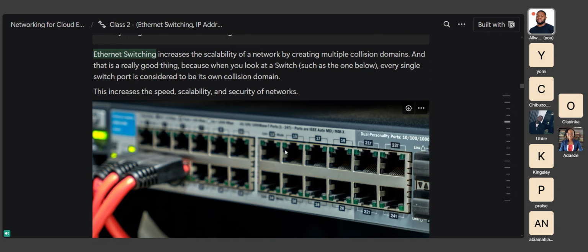I'm sure you'd have seen devices like this with Ethernet cables plugged into them, right? This is a switch. Every single switch port, each port like this one, is considered to be its own collision domain. We're going to understand what that means exactly, and this increases the speed, scalability, and security of networks.